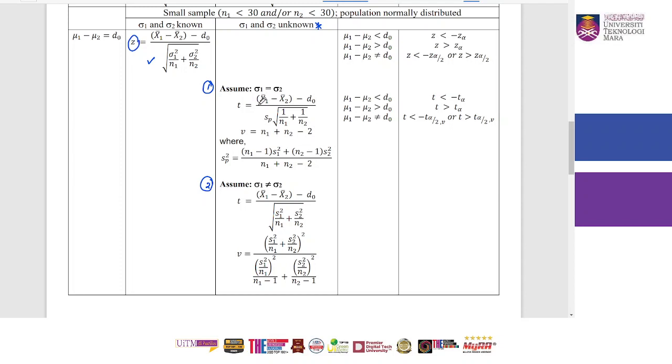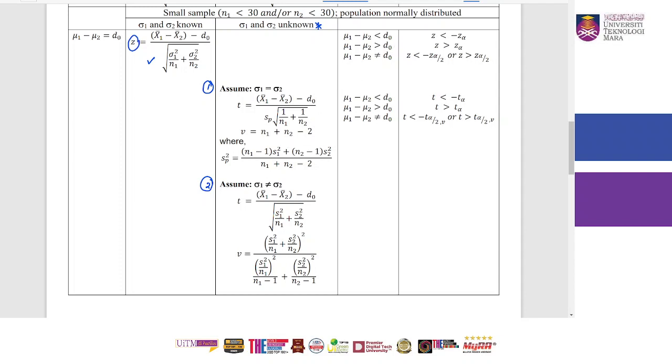You need to check the equal variances first. Then baru you boleh kira dia punya t values. And then of course, if you decide on the assumption of equal variances, the calculation will be different. The formula will be different with the one with assumed unequal variance. Okay. So yang ni kita boleh check menggunakan kaedah yang dipanggil sebagai Levene test of equal variances.